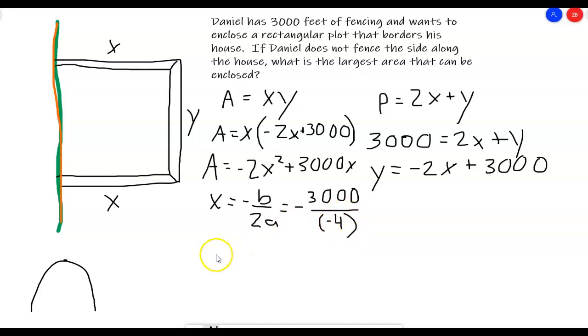The two negatives cancel out, and I'll have a positive, 3,000 divided by 4, which is 750. And remember, we're talking about feet here. So in order to maximize the area, my x value should be 750 feet.